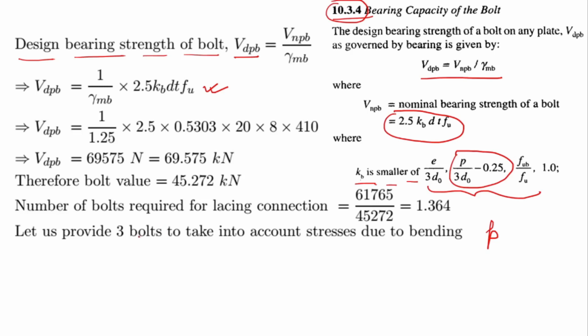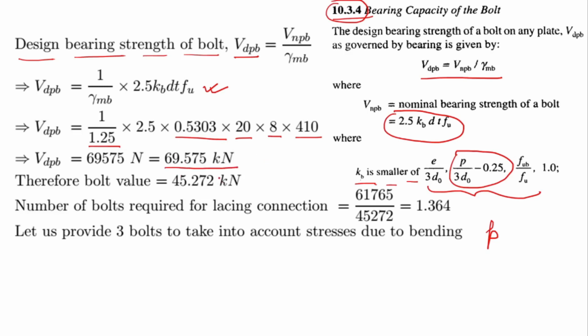If I put the corresponding values, gamma MB is 1.25, which will be taken from table 5. Then kb we have already calculated as 0.5303. Then 20 is the diameter of the bolt. Then T is the thickness of the batten plate. Fu will be the ultimate strength of the plate, it is 410.